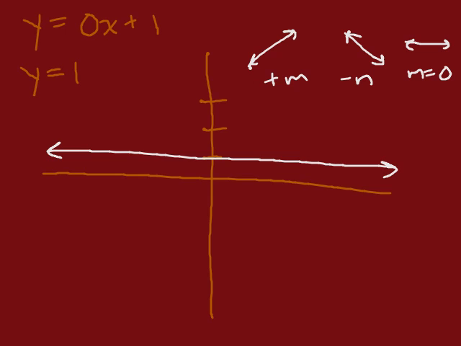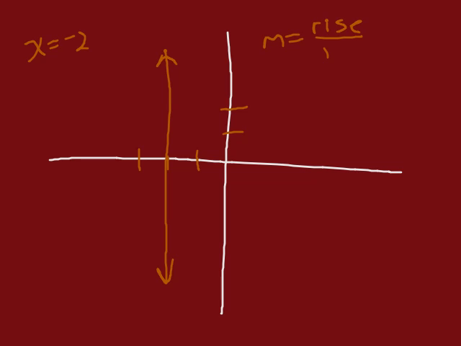Okay. What about a vertical line? What if our line goes like this? Let's say it's x is equal to negative 2. What kind of slope is that? Well, we know that slope is equal to rise over run.